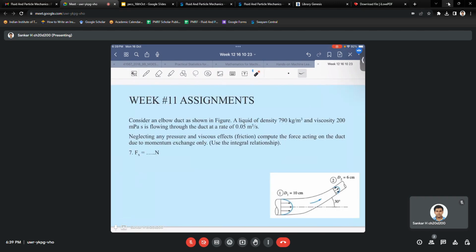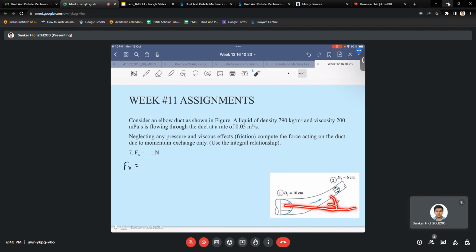Okay. Now, next question is, neglecting any pressure and viscous effects, compute the force acting on the duct due to the momentum exchange alone. So, the force due to momentum exchange in the x direction basically means that we have to consider in this direction.